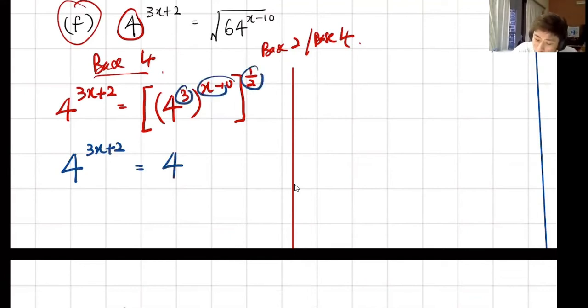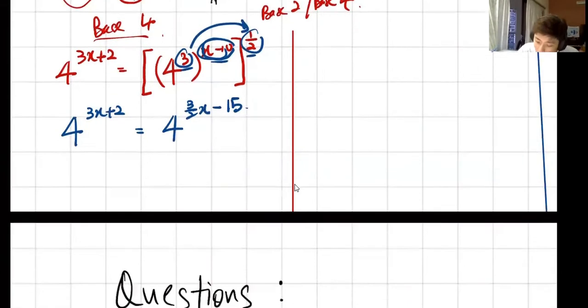What do you get? 3 times 1 over 2 gives me 3 over 2. 3 over 2 times this in a bracket gives me 3 over 2x minus 3 over 2 times 10 gives me 15. Okay, how I get this one is just basically multiplying these 3 things. I hope you get it. Is it correct? 3 over 2x minus 3 over 2 times 10, 15.